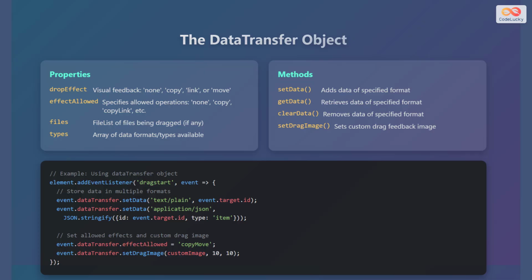The methods are setData, which adds data of a specified format, getData, which retrieves data of the specified format, clearData, which removes data of the specified format, and setDragImage, which sets a custom drag feedback image. Consider the code snippet for a better understanding.